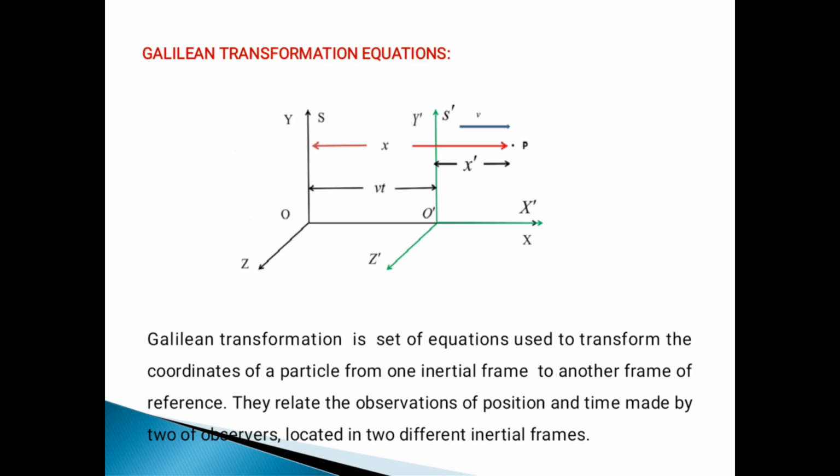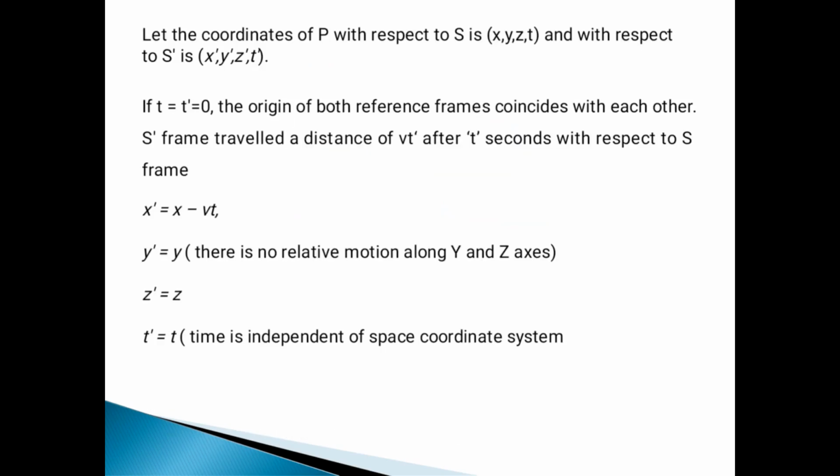Let S and S prime be two inertial frames. Let S be at rest, S prime moving with uniform velocity v along the positive x direction. We assume that v is far less than c. Let the origin of the two frames coincide at t equal to 0.